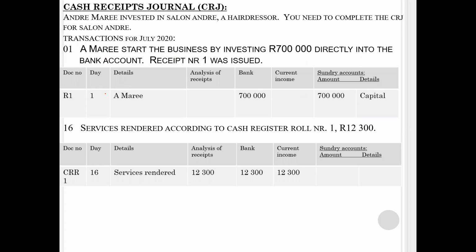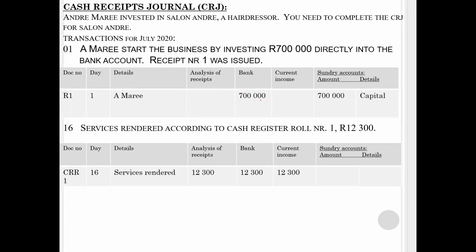Right, so how do we enter it in the CRJ? First column is your document column, so it's going to be receipt number 1, and we use an R for receipt. Day is the first, the day on which the transaction happened. Details, we look out for a name of a person. Yes, we've got a name, A. Maria. Then the amount, 700,000, was directly deposited into the bank account.